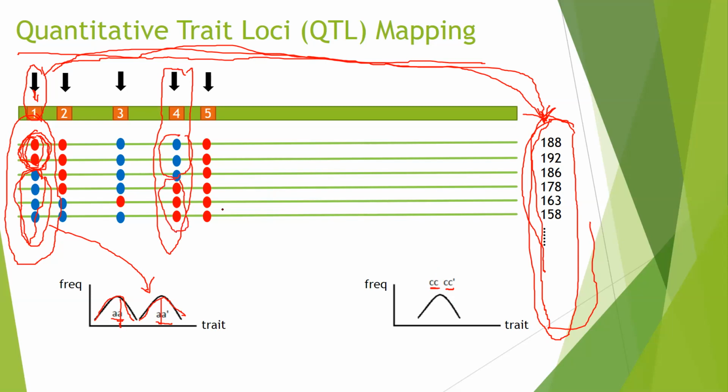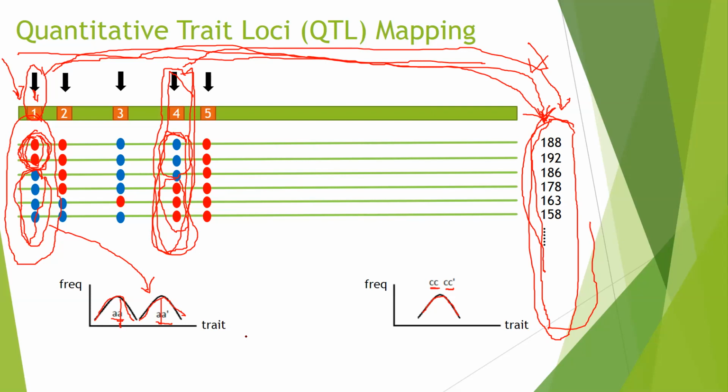But if you check the distributions of these two subgroups, they are overlapping with each other, which means there's no difference between these two sub-distributions. What does that mean? That means the variation of this genotype is not associated with this phenotype. So this marker is irrelevant. Only the first marker is relevant to the phenotypic variation.